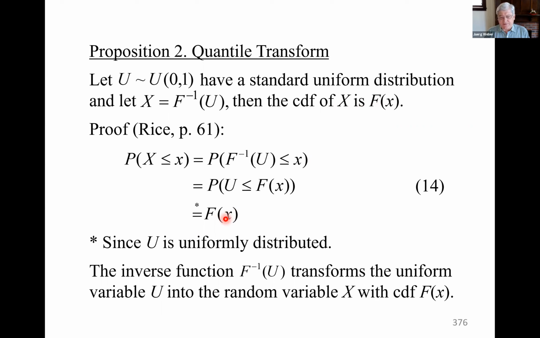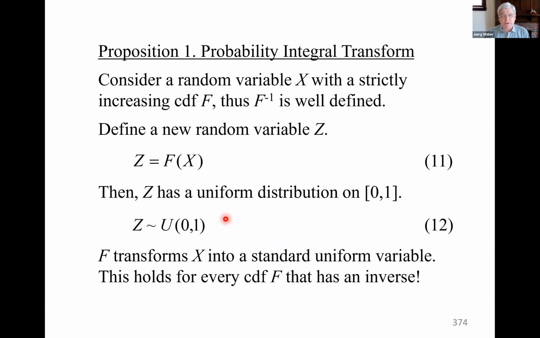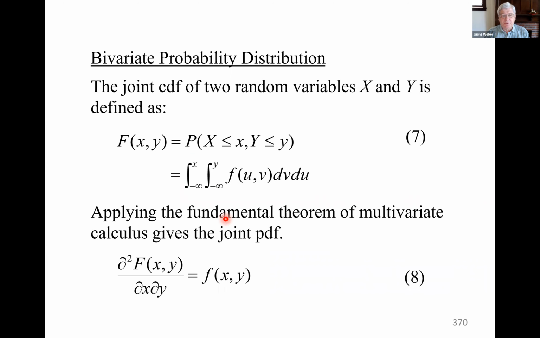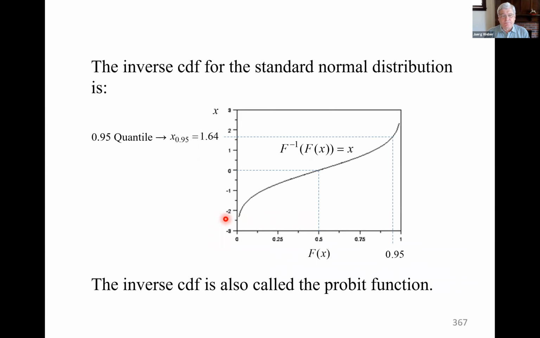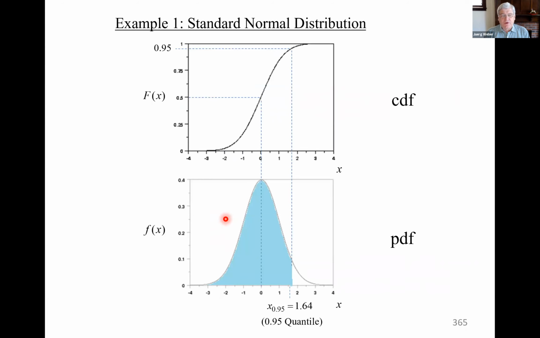But it's maybe better if you just understand here what's going on with the quantile transform. You see, you begin here with the u's, and you go to the inverse function, and then you have the x's, and those x's have the distribution Fx. Okay, so that's pretty obvious here.